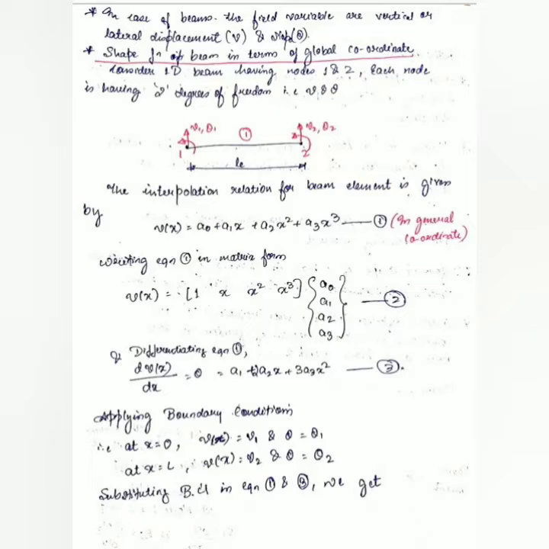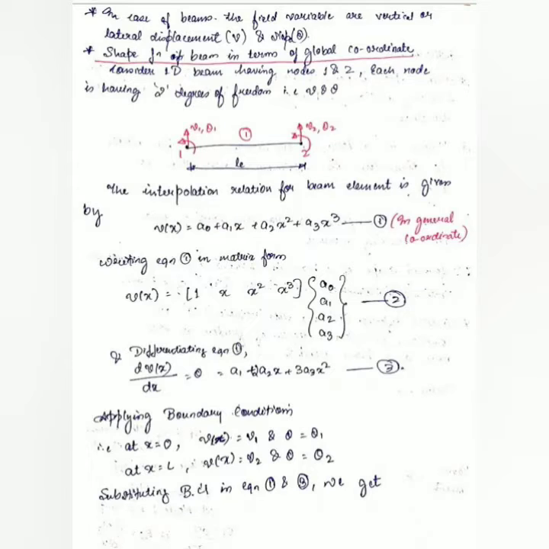Next, differentiating equation 1, since we want slopes, dv of x upon dx equals theta, that is our slope. If you differentiate that, you will get the equation shown here, that is equation number 3. Now apply boundary conditions: at x equal to 0, v equals v1 and theta equals theta 1, and at x equal to L, v equals v2 and theta equals theta 2.